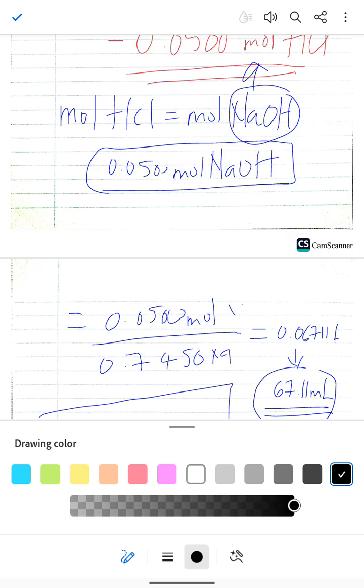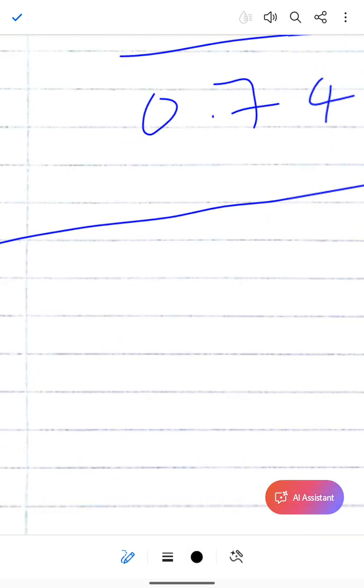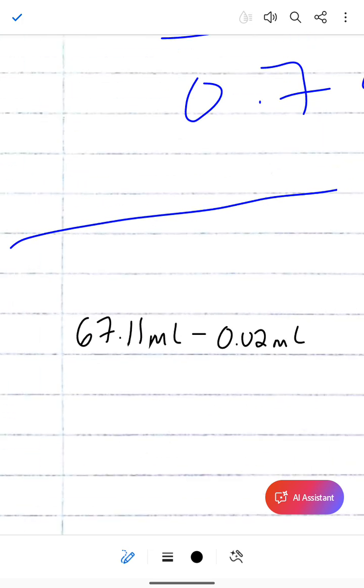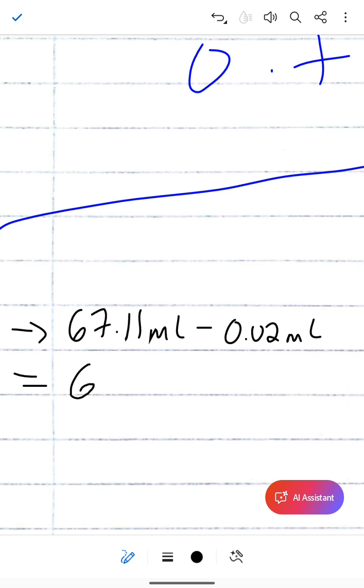So I can start to subtract 67.11 ml minus 0.02 ml. If you press your calculator, this will give you 67.09 ml.